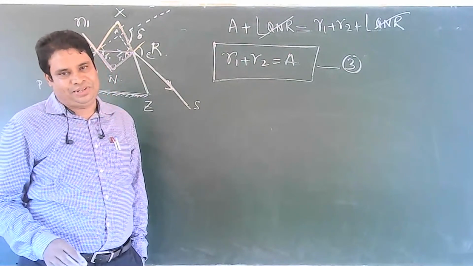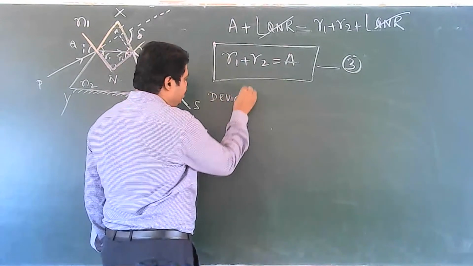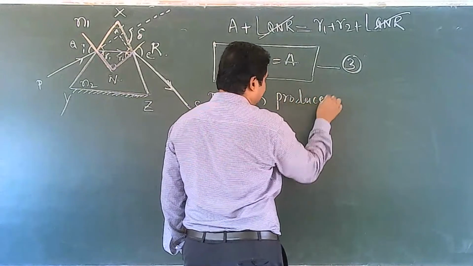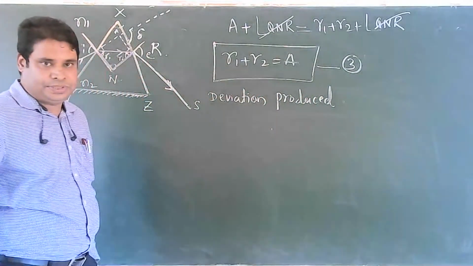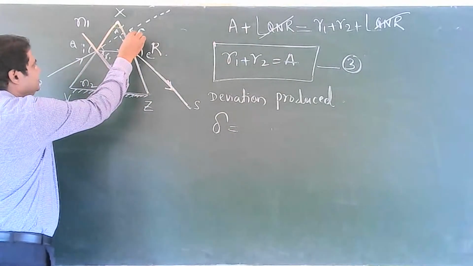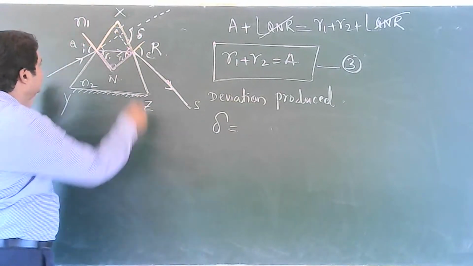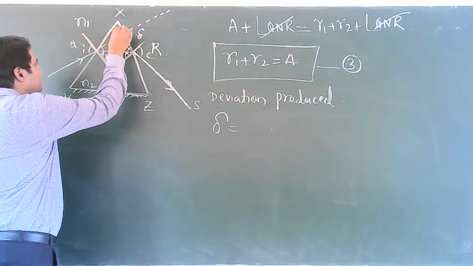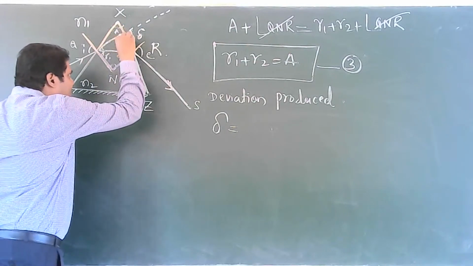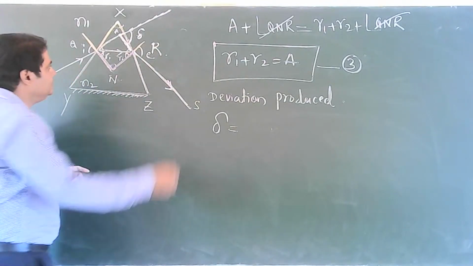Now, I have to write the expression for deviation produced. Deviation produced, delta, is equal to, see here, this is delta. This delta is equal to, in this triangle, okay, anyway, concept is important.